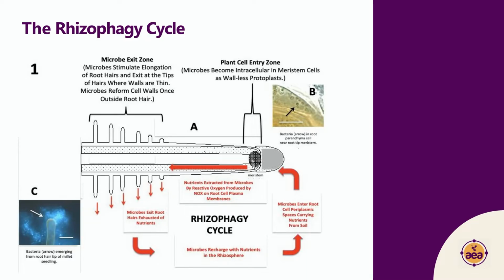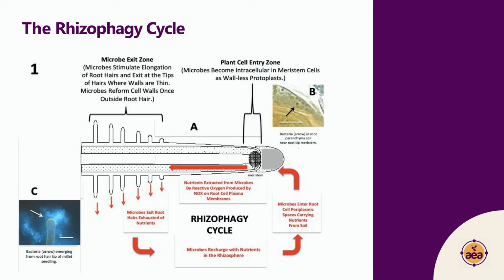What Dr. White and colleagues described is that the growing root tip, as it is growing through the soil profile, is actually very porous, and that there are large quantities of bacteria that move into the root tip, and after they have been absorbed into the root, there is a highly oxidized zone in the first couple of inches immediately behind the root tip.